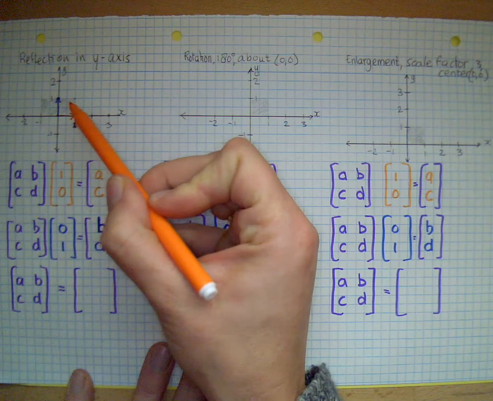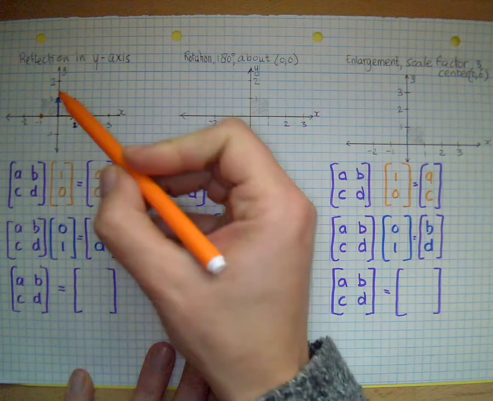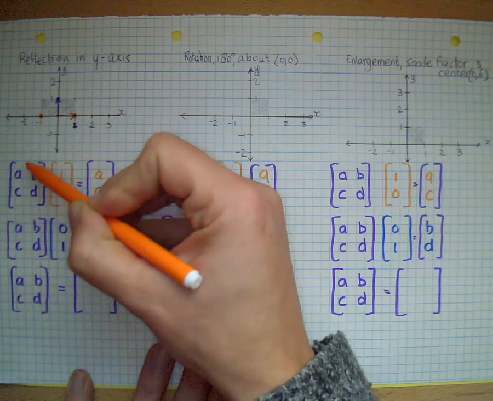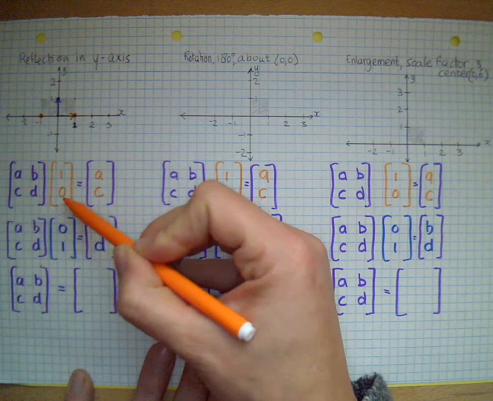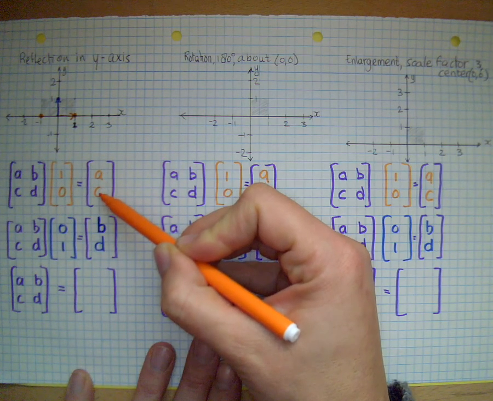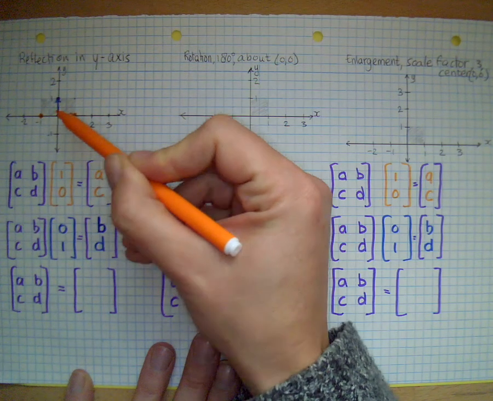It's gone from here to there, right? Our new orange point, by applying the transformation matrix, has become AC, but it's become -1, 0.